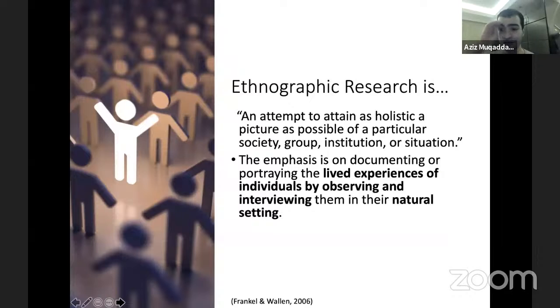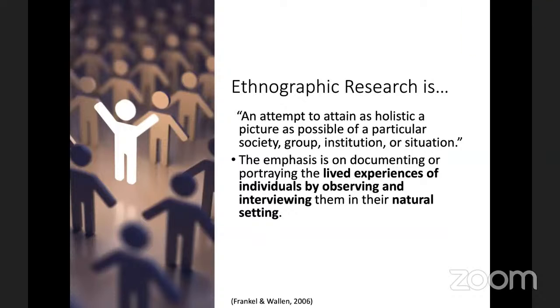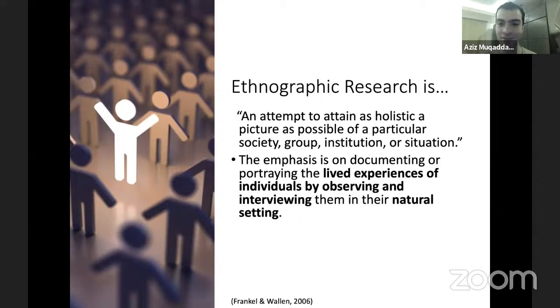So just to start, how many of you have heard of the term ethnographic research before, or ethnography? Okay, so quite a number. Can one of you tell us what ethnography means to you, or what you remember from learning about ethnography?